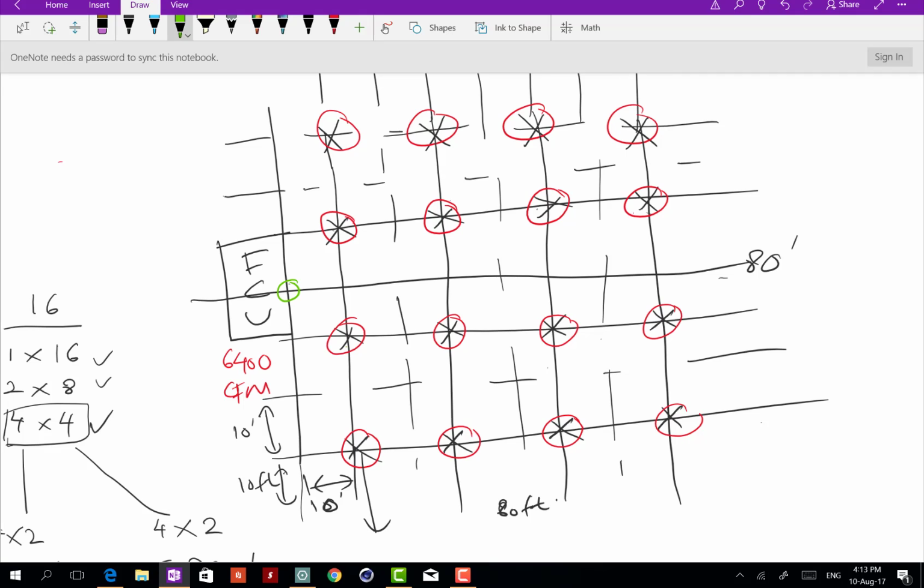So this is the origin O, this is A, this is B, this is C, this is D. This point is basically the main point which spreads the air into the branch ducting. This is branch ducting, this is branch ducting, this is another branch ducting. Same goes for the remaining sections.